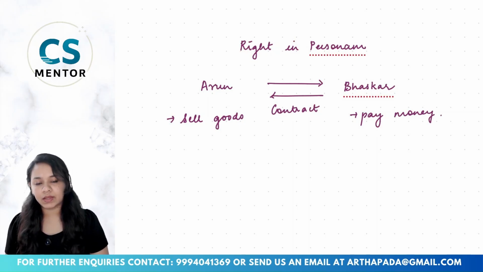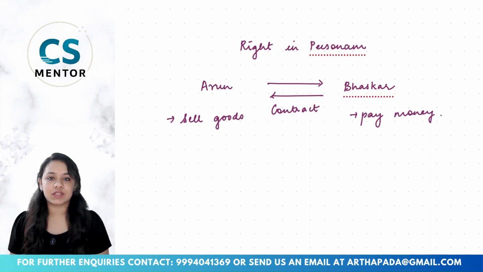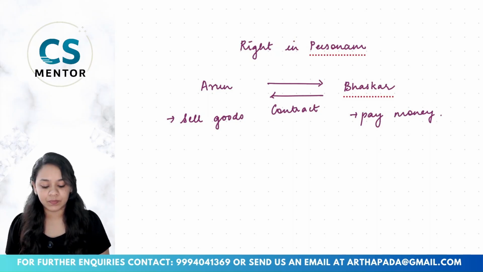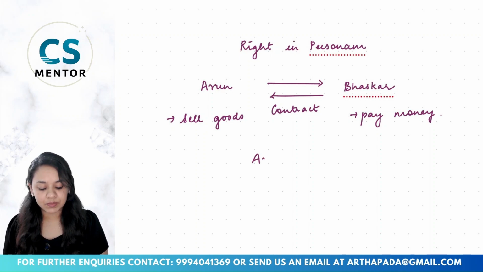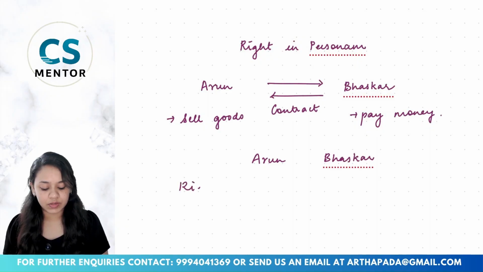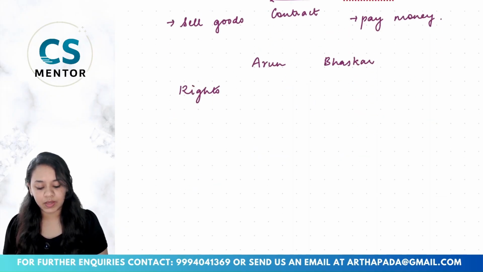Now, in this entire contract, let's break it down on the basis of its rights and liabilities. Now, it's very simple. We'll write Arun and we'll write Bhaskar. And then we'll write down the rights involved as well as the liabilities.